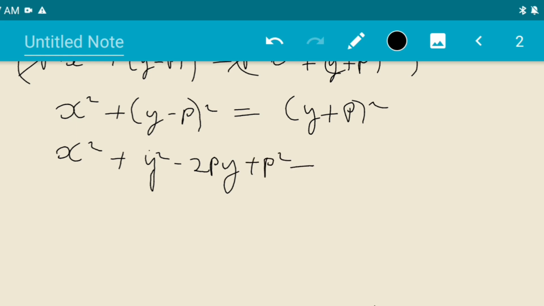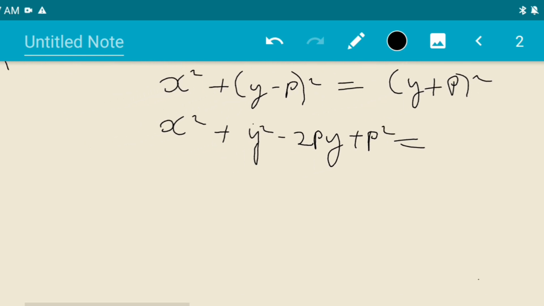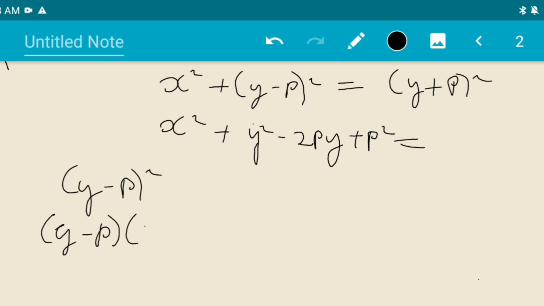Now, for those who may be wondering how I expanded this, it's just a simpler method. So this here is (y minus p) raised to the squared. So this here is the same as (y minus p) times (y minus p), okay?